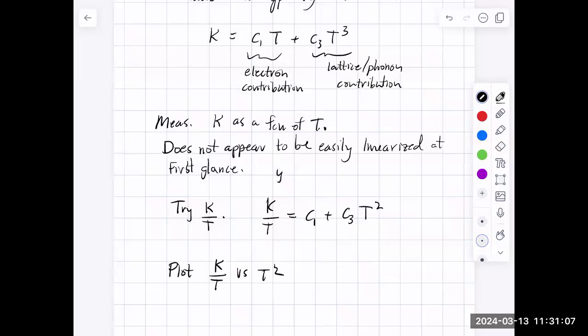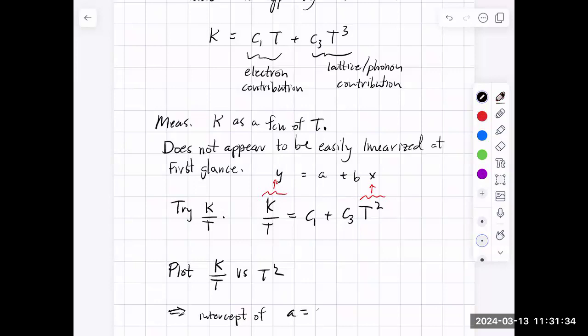If this is y is equal to a plus bx, then we're going to take T squared for our x, and we're going to take kappa over T for our y. And this will have an intercept of the C1 coefficient.